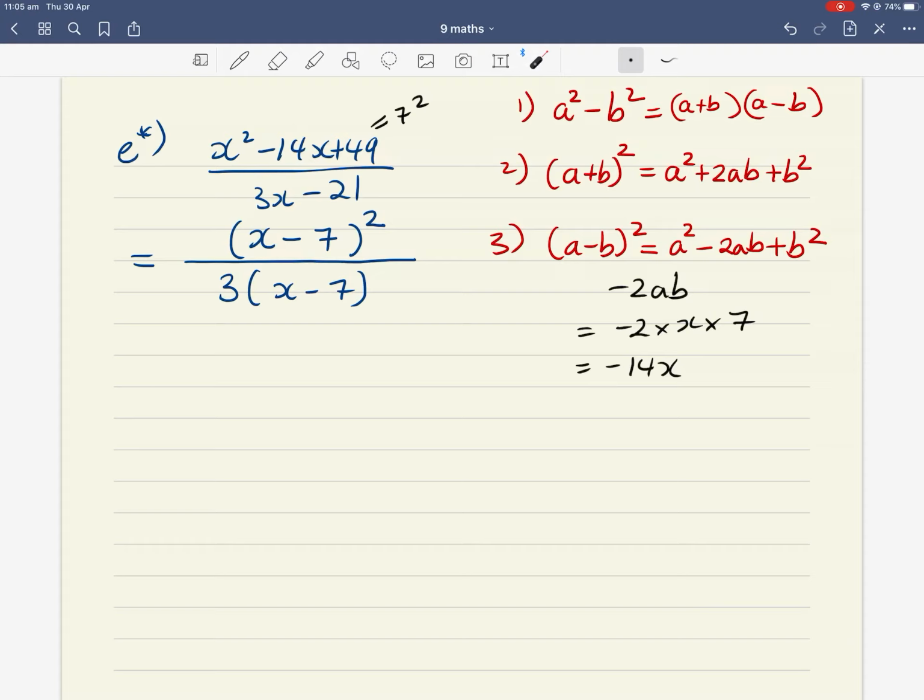So we can use pattern 3 to factorize the top. Now, how does this help us? Well, x minus 7 all squared is technically x minus 7 times x minus 7 in brackets, because you're multiplying 2 or more terms.